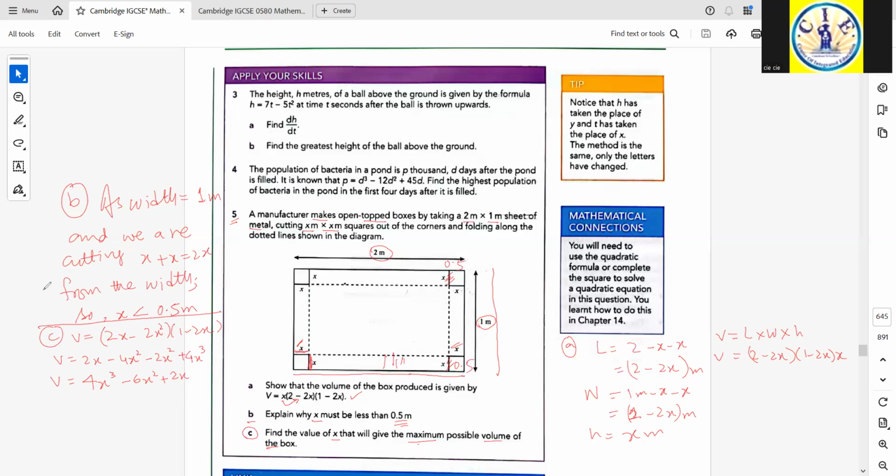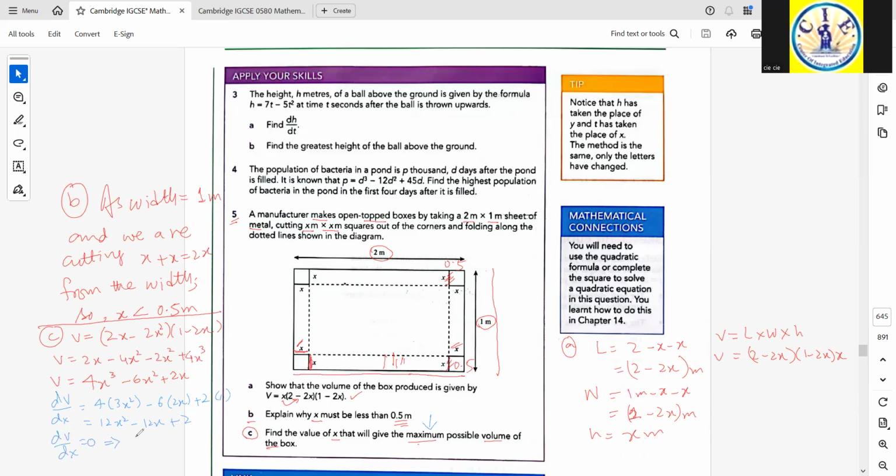Now we can find its derivative, dV by dx, that is 4 times 3x squared minus 6 times 2x plus 2 times 1. That gives 12x squared minus 12x plus 2. Now to have the maximum possible volume, we need to put dV by dx equal to 0.